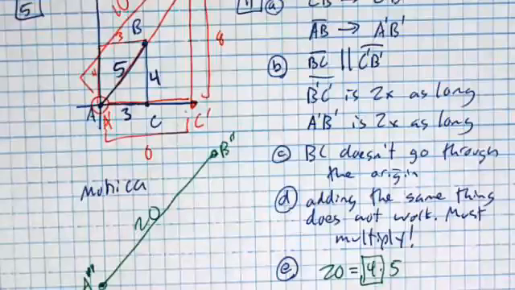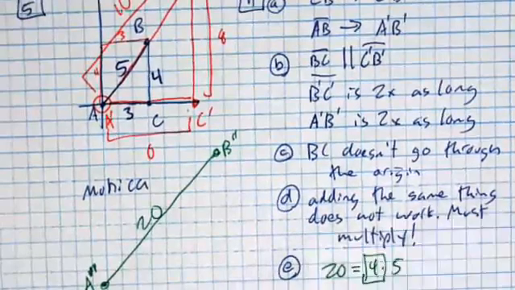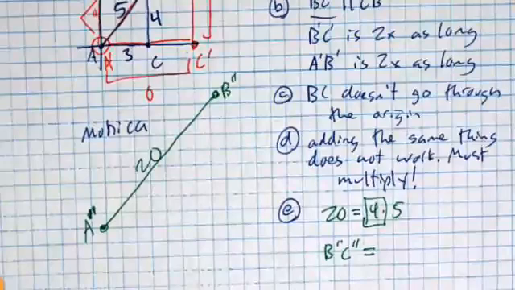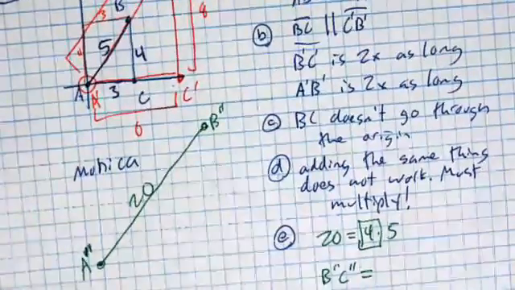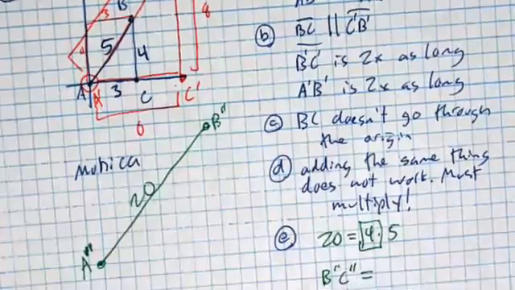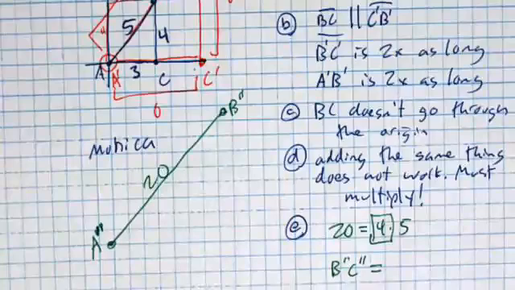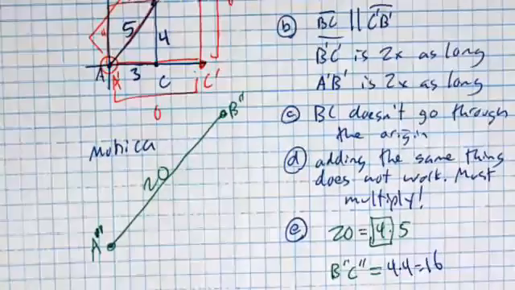If I asked you how long B double prime C double prime was, would you be able to find it? How long was the original BC? The original BC was 4. We said our multiplier was 4. So what are we going to get when we enlarge it by a factor of 4? Yes, 4 times 4 to get 16. Okay, that was our warm up. Any questions on that before we move on?